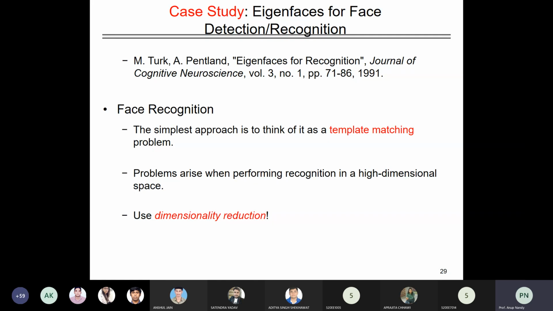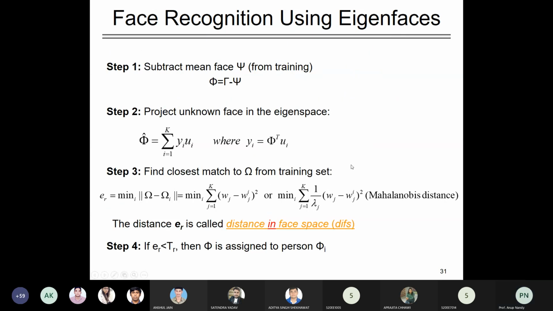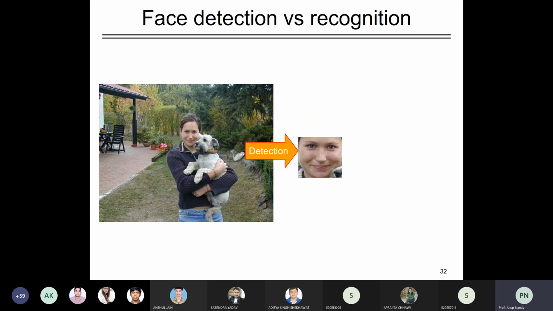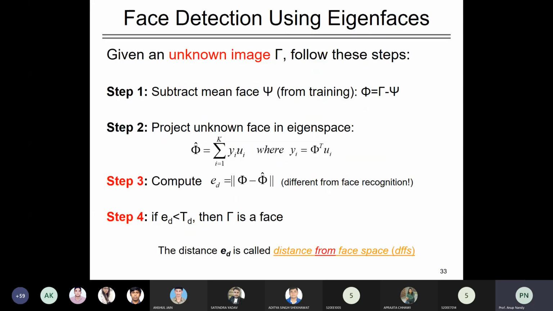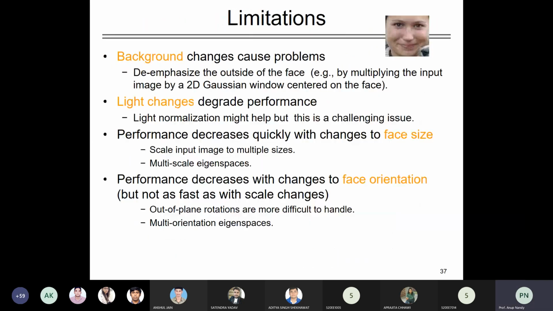From the original face, you have to generate the eigenface, and from the eigenface you have to identify the person. This is a very interesting PPT that I will share: how you do it and how you compute it. Face detection using eigenface is there.